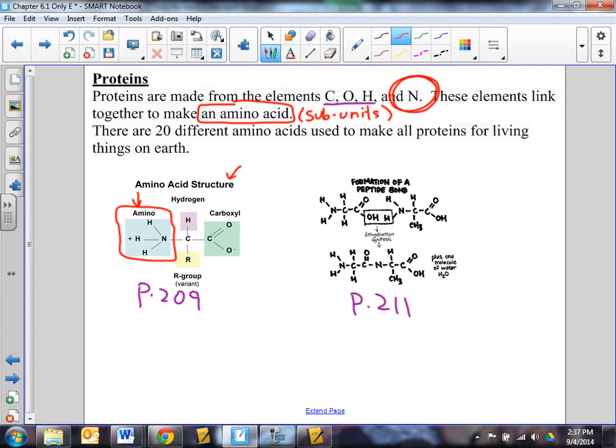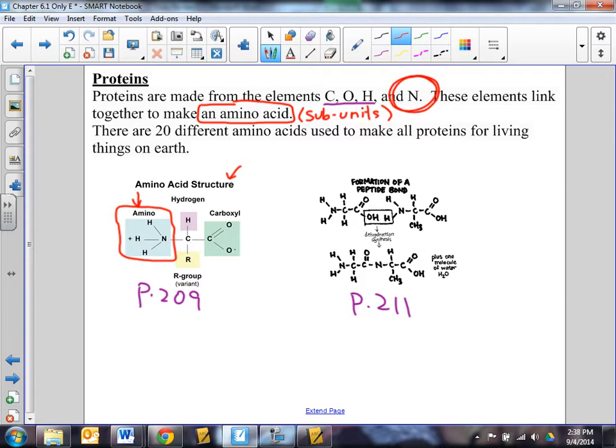You would look to see if there was an N somewhere, and if there were, you would probably say, aha, amino acid. Now one of them all by itself is an amino acid. A whole bunch of them put together is how you get a protein.